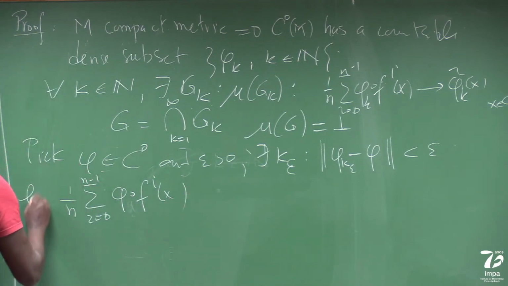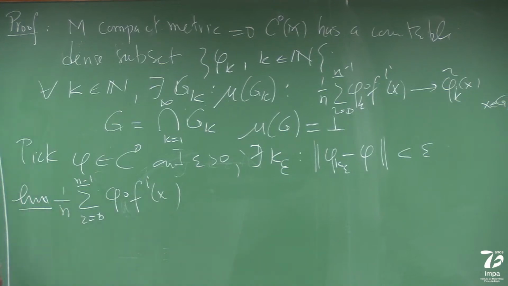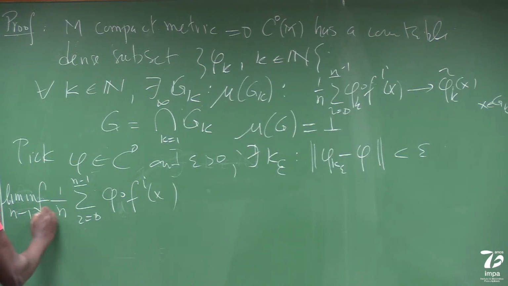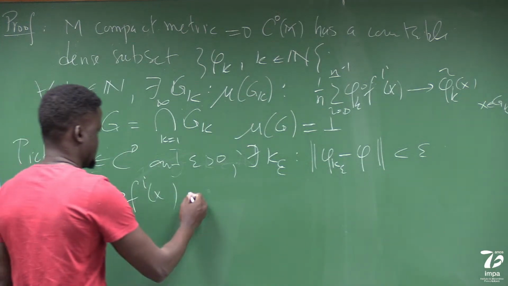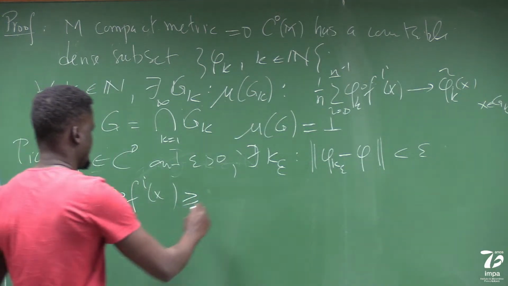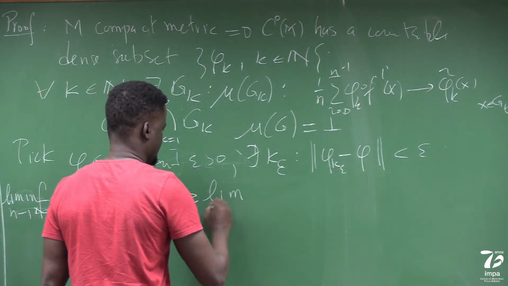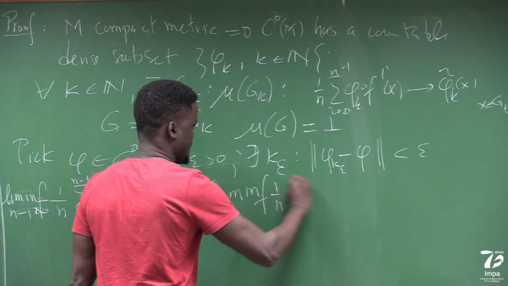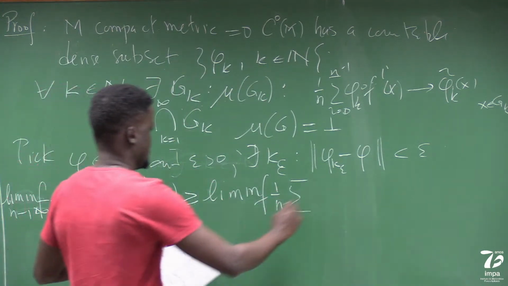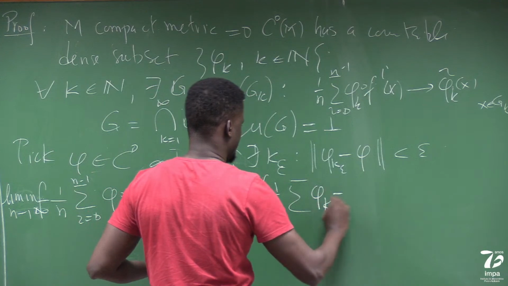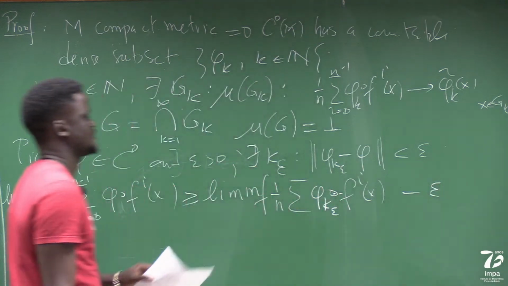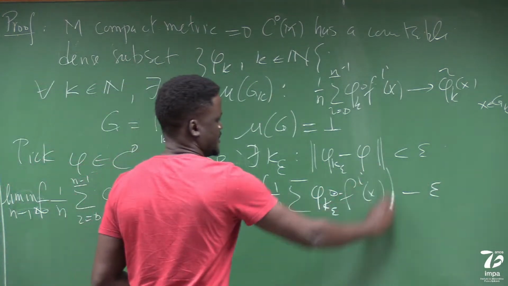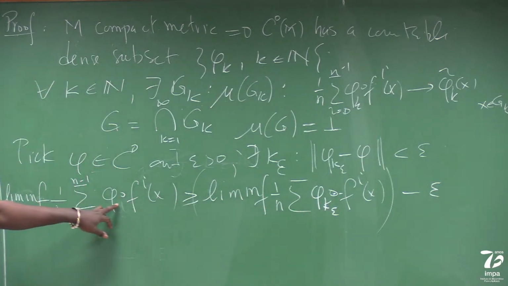You can think of the lim inf of this, because the lim inf always exists, where x is in G here, and this is always bigger than or equal to the lim inf of the sum of phi_k_epsilon composed with f^i minus epsilon, because every phi_k is close to phi by epsilon.